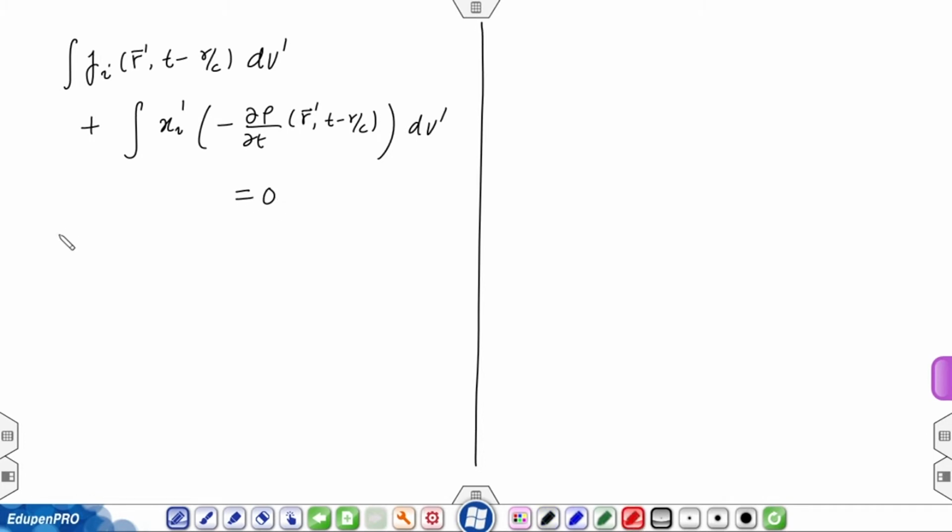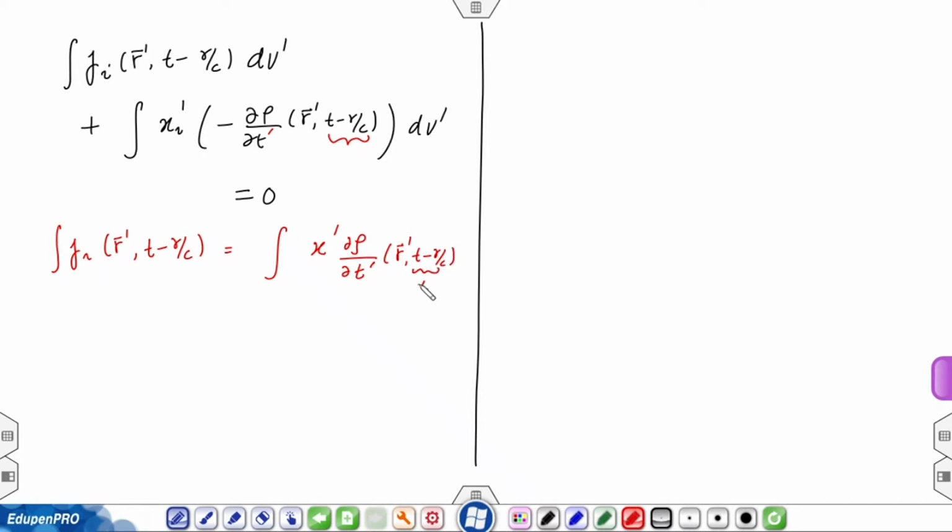And this gives you integral j I r prime, t minus r over c is equal to integral d by dt, I can take out. This is d by dt of x I prime, evaluated at t minus r over c. I can correct that. I am calculating the time derivative with respect to this entire variable, x prime del rho over del t prime, r prime, t minus r over c.